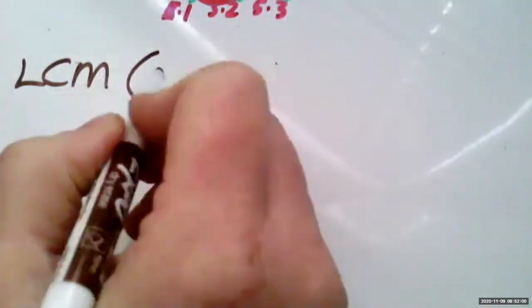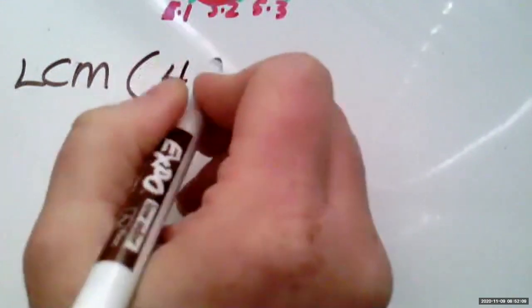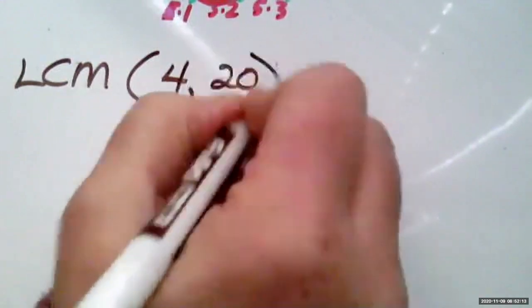Let's use one that you got to do some of your own thinking on. How about the least common multiple of, let's say, 4 and, oh, I think I already did that one. 4 and 20.